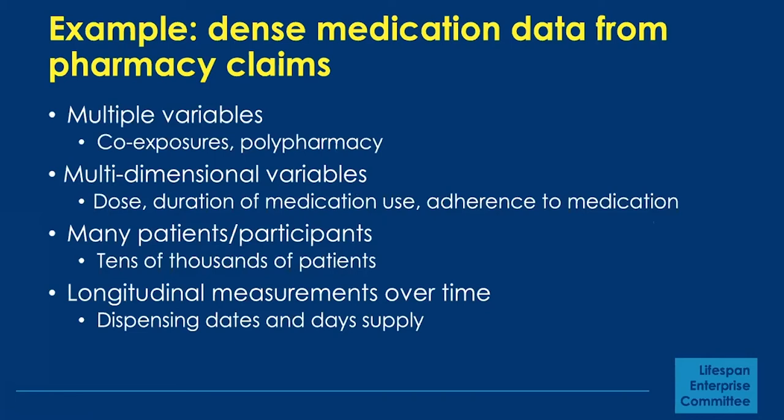And there are longitudinal measurements for individuals over time in the scale of years, or maybe even decades. There are dispensing dates that can happen at least once a month, if not more frequently, and then information on days supply associated with each dispensing date. So we really have a lot of dimensions of data to consider when using pharmacy claims data, and I know that's true in other substance areas as well.